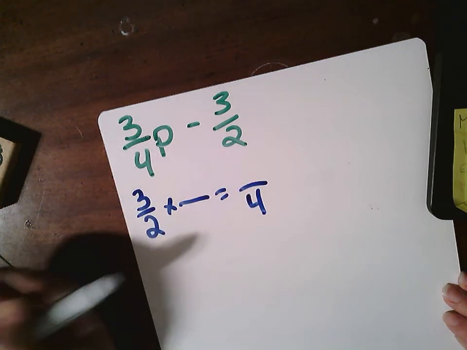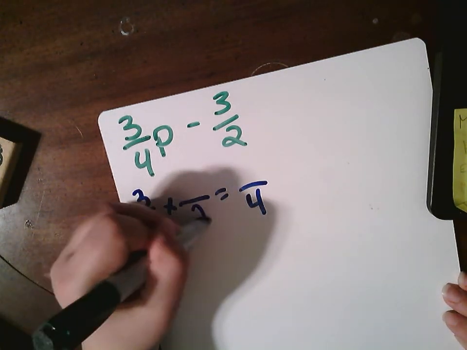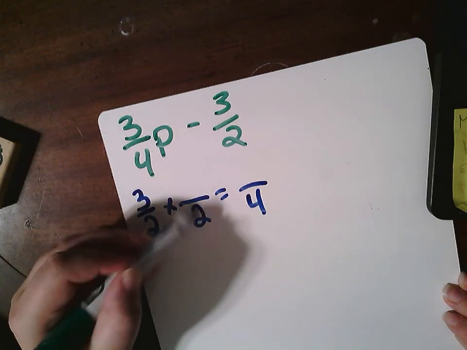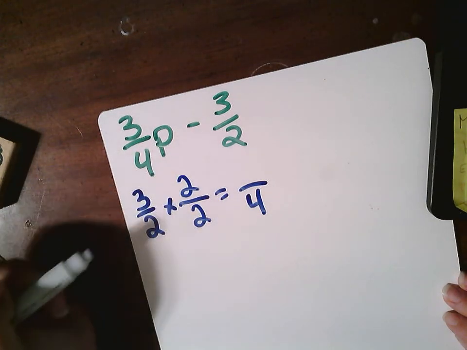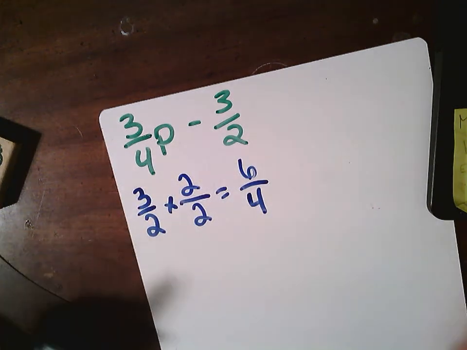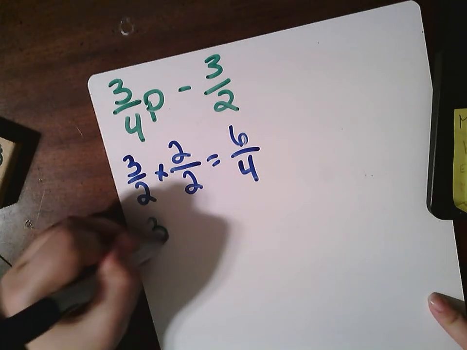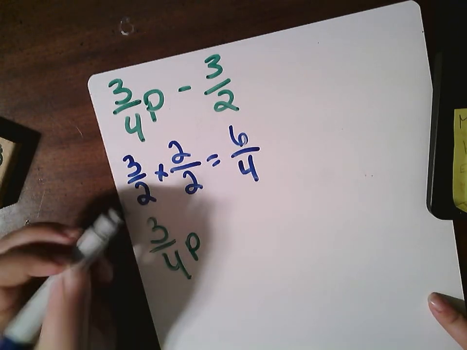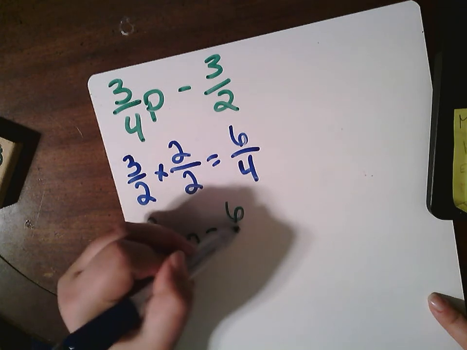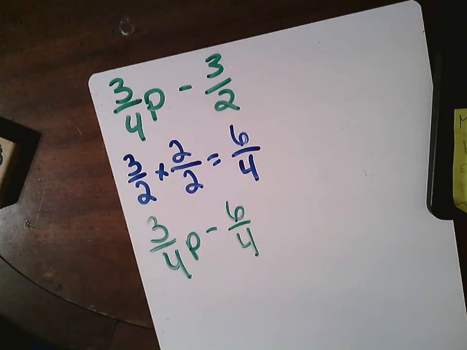So 2 times what gives me 4? 2 times 2. What I do to the bottom, I do to the top. So 3 times 2 is 6. And so my new expression here is going to be 3 over 4 p minus 6 over 4. And now I can compare.